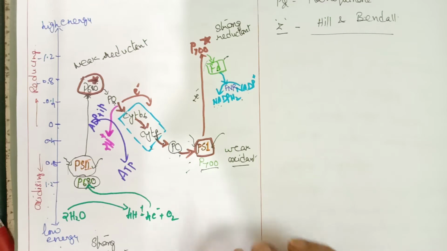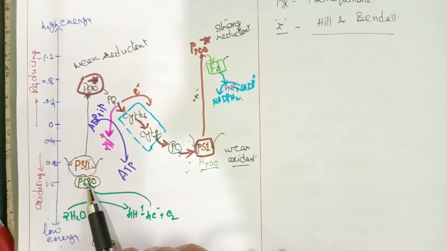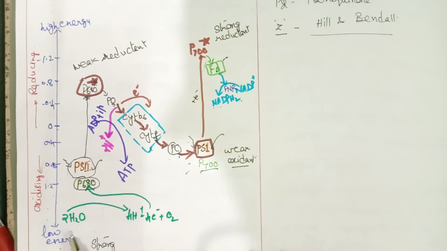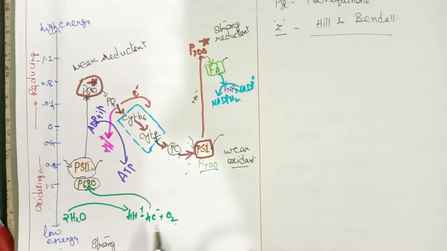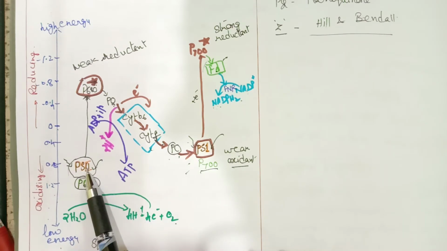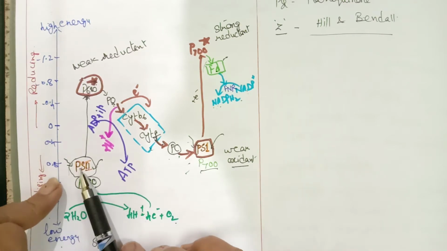Here, when P680 loses electrons, the electrons are again supplied due to photolysis of water. When two molecules of water undergo photolysis, it releases 4 protons, 4 electrons and 1 oxygen molecule. These electrons are supplied to P680. That's how, when it releases electrons, it gets back its electrons.